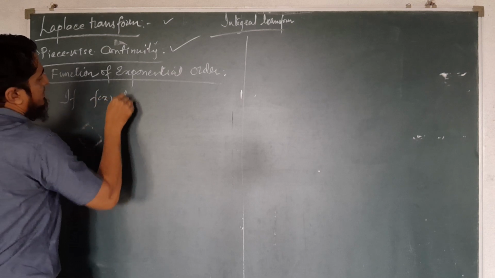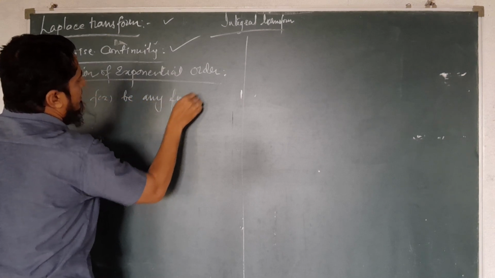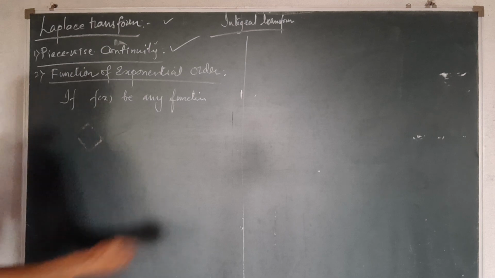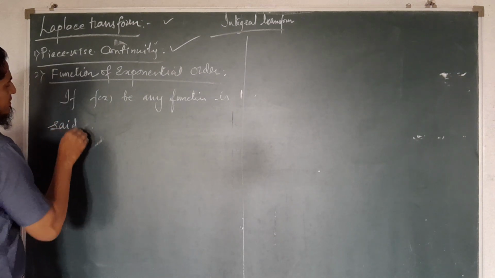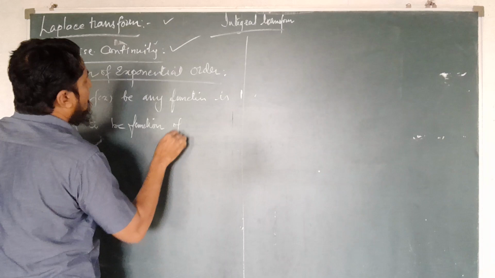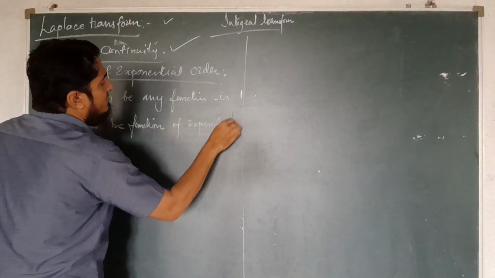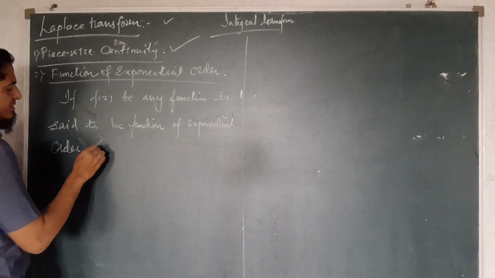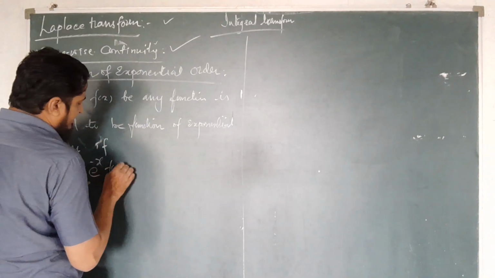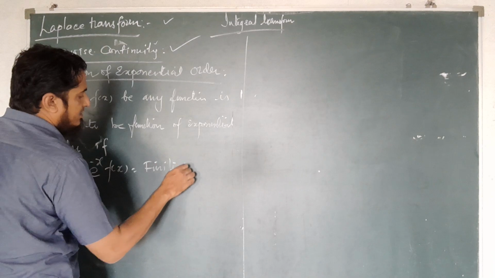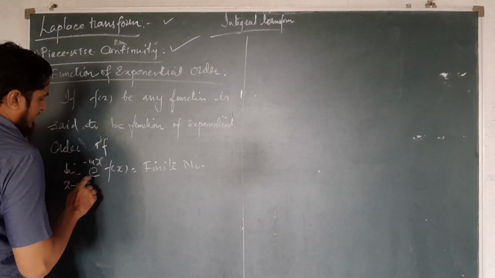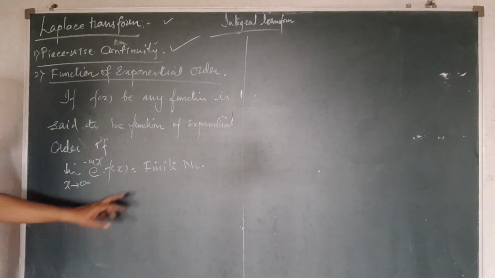If f of x be any function, it is said to be a function of exponential order if limit x tends to infinity e raised to minus ax times f of x is equal to a finite number.